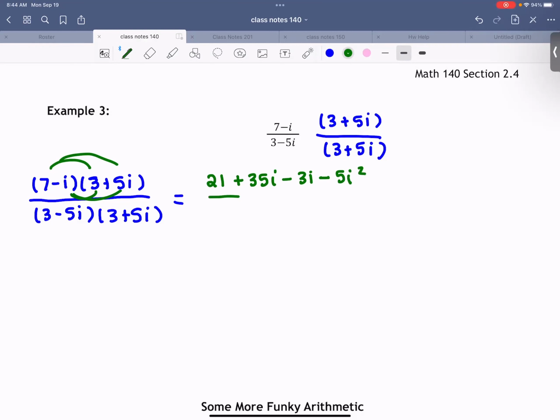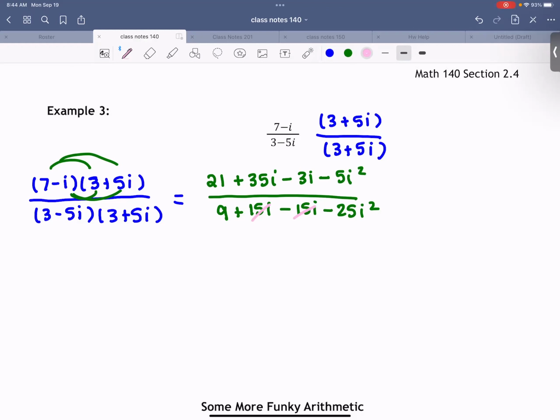Okay. On the bottom, if we FOIL, we get 3 times 3 is 9 plus 15i minus 15i minus 25i squared. So all I did was FOIL the top and I FOIL the bottom. Okay. Looks like the 15i's can cancel out, so I'm going to cross them out right now.